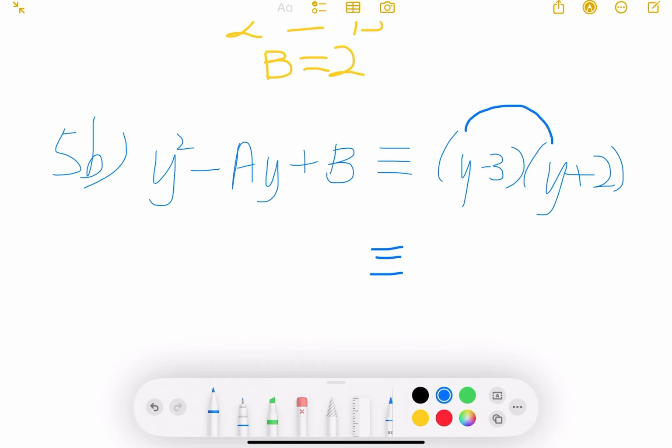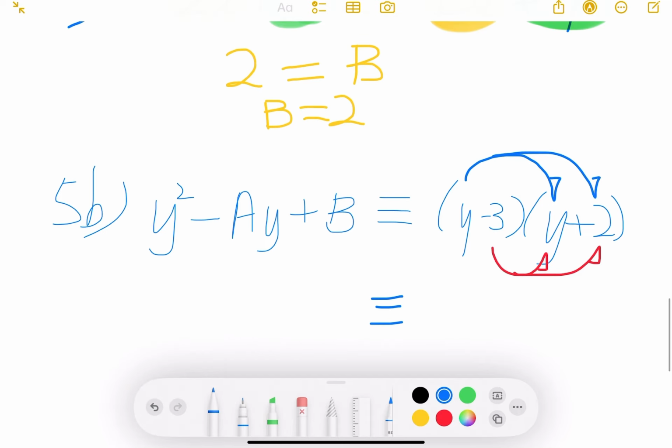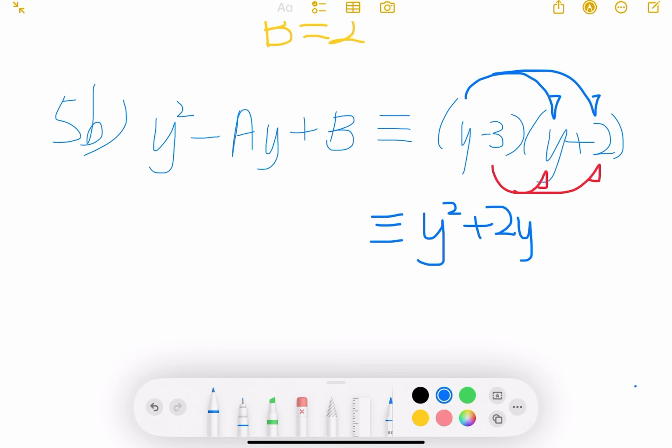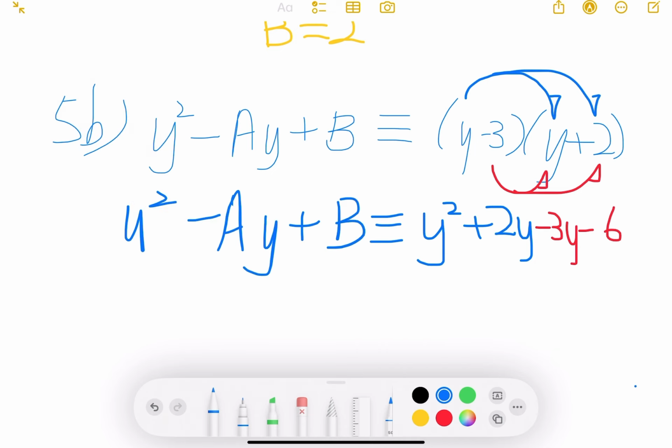So the y goes to both of them, and the negative 3 also goes to both of them. y times y gives y squared, y times 2 gives 2y, negative 3 times y gives negative 3y, negative 3 times 2 gives negative 6. So now everything is opened up, right? The left hand side, nothing to change. It's so hard to write with hands.